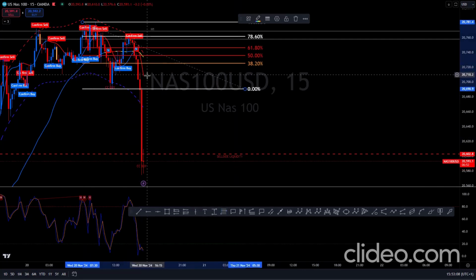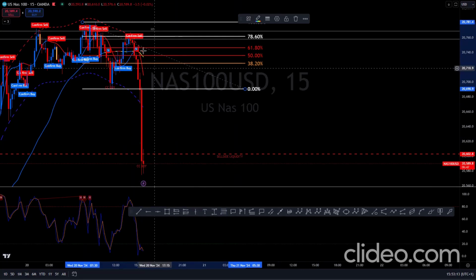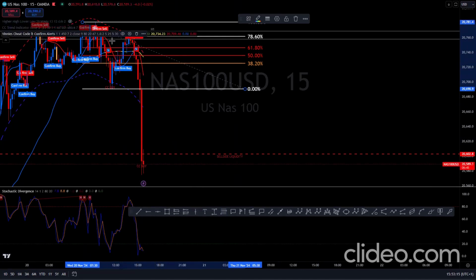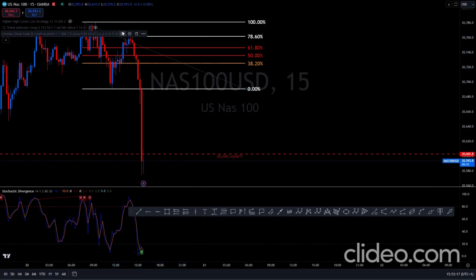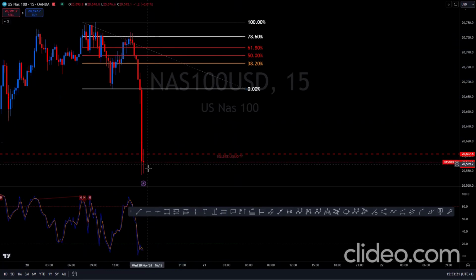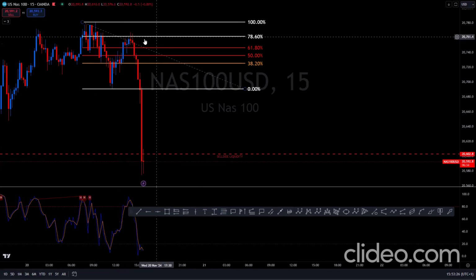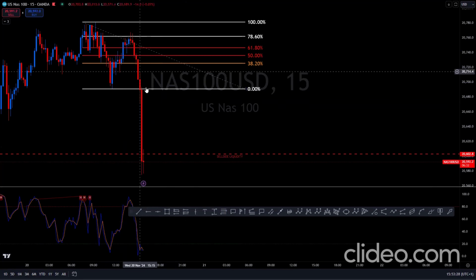Okay, so price did a very huge pullback. This is probably more accurate. Price did a very huge pullback to the 78.6 here, and from there it just dropped. You got the sell side liquidity. So that's probably what happened.